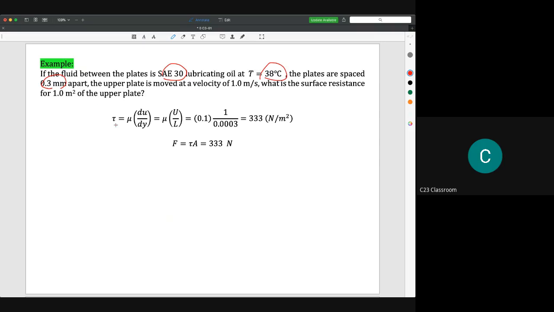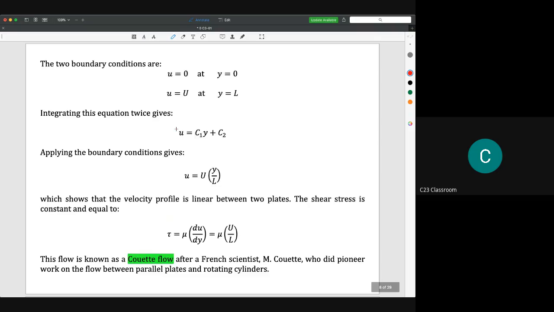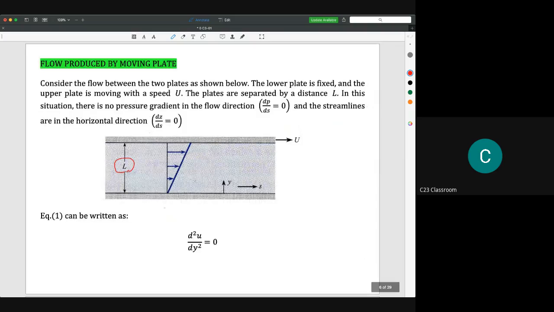So we calculate the shear stress according to this equation. We substitute the values. We have U is 1 and L is the gap here. The L here actually reflects our diagram here, so it's the distance between these two plates.